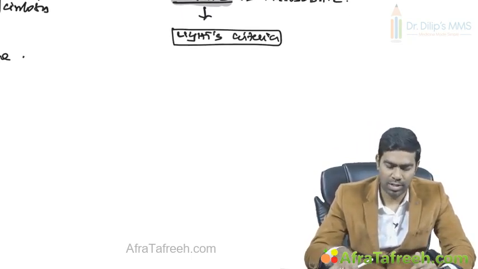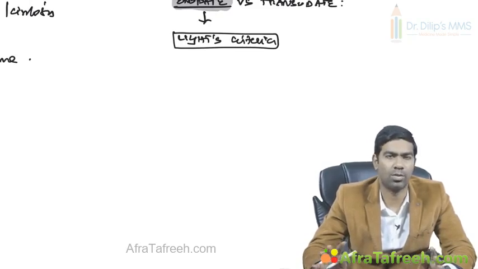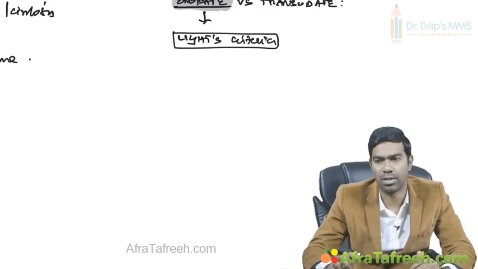Majority of my reference is from his book, Light's Pleural Disorders, and Fishman's Pulmonary. These are 2 books I generally use for reference for entire pulmonary medicine.